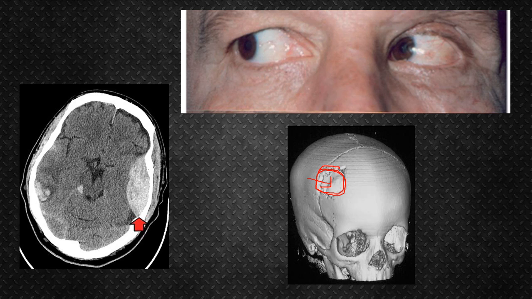He didn't open his eyes, but I opened his eyes and looked at his pupils, and I noticed he was gazing to the left, which was towards the injury. And later we found out he did have an epidural hematoma, a big head bleed right here, and his eyes were looking over in that direction. So it all maps out.